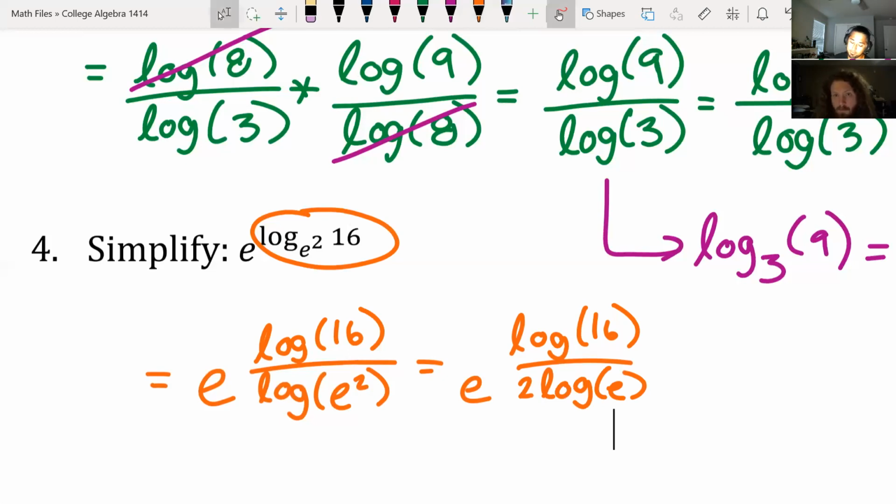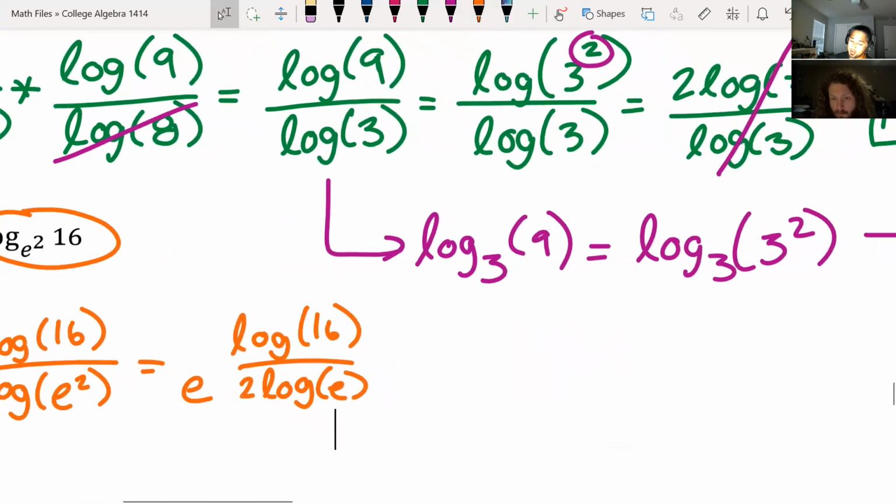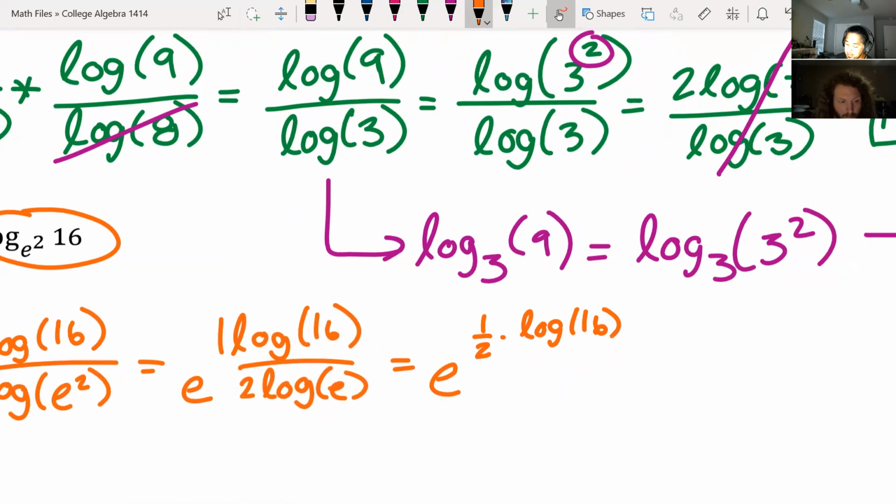Okay. And now what we can do is take out this fraction of 1/2, which is there when we put out the 2, and you'll get e to the 1/2 times log 16 over log e.